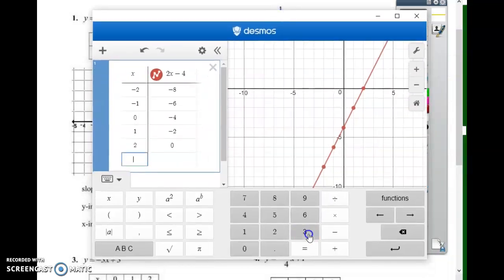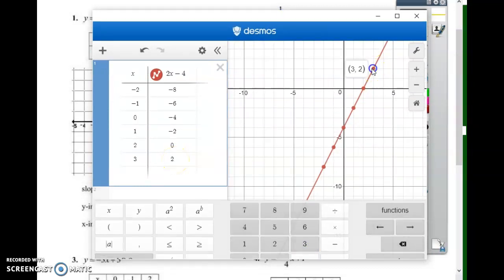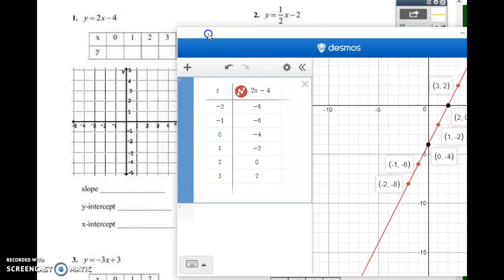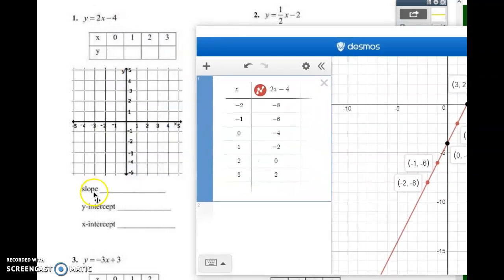So just type 3. And it gives you the other number, and it gives you the other point. Okay? So write down the table and answer these 3 questions: slope, y-intercept, and x-intercept. Use your notes and finish up the whole worksheet.